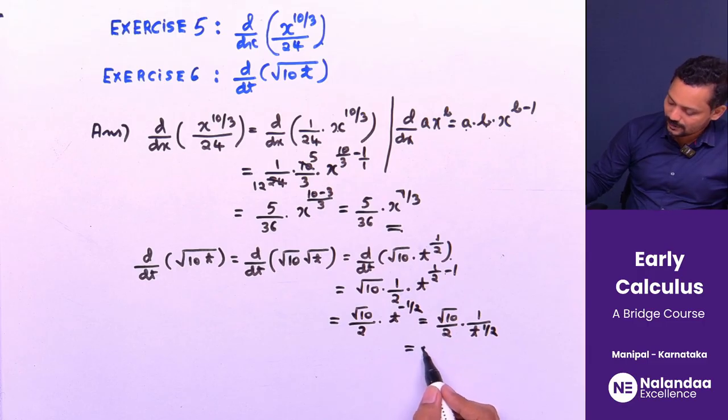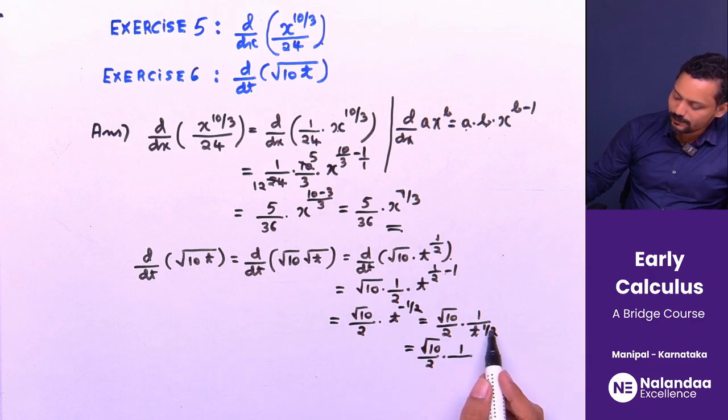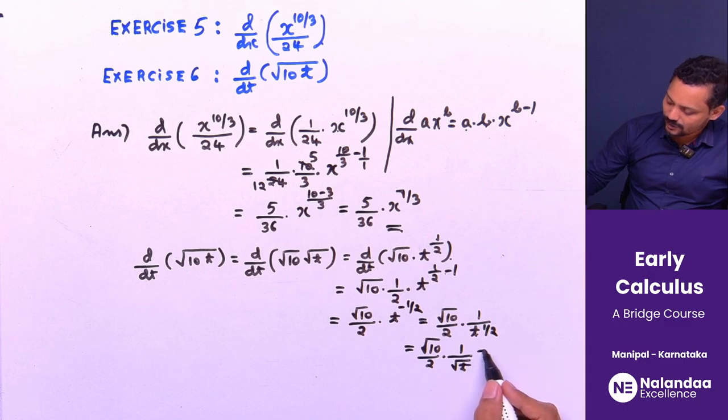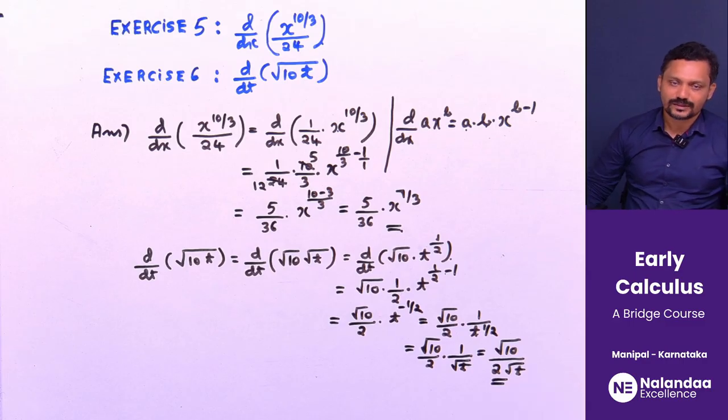So this is root 10 divided by 2 into 1 by, now t power half can also be written as root t. So therefore the answer to this question is root 10 divided by 2 root t, and this is the final answer for this question.